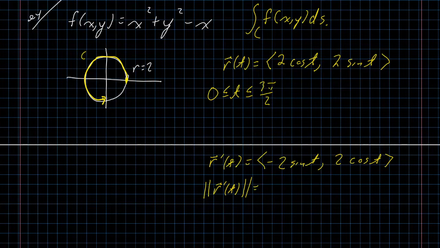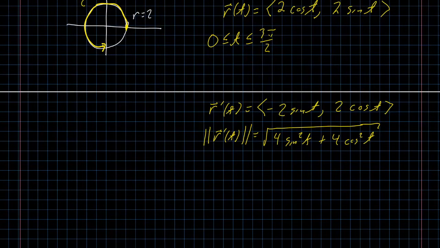And that vector is all well and good, but the thing we need is the magnitude of that vector. And so we'll take the square root of -2 sine t squared, which is going to be 4 sine squared t, and then 2 cosine t squared is 4 cosine squared t.